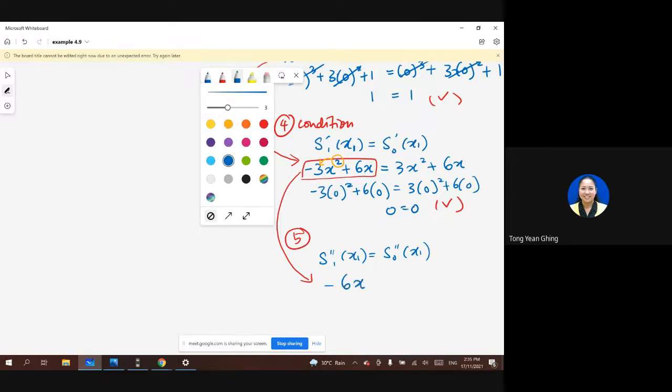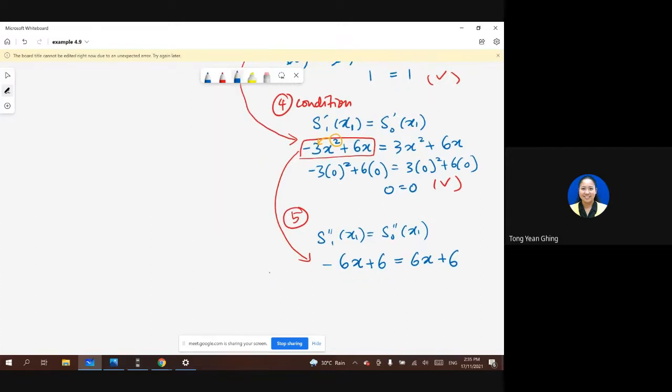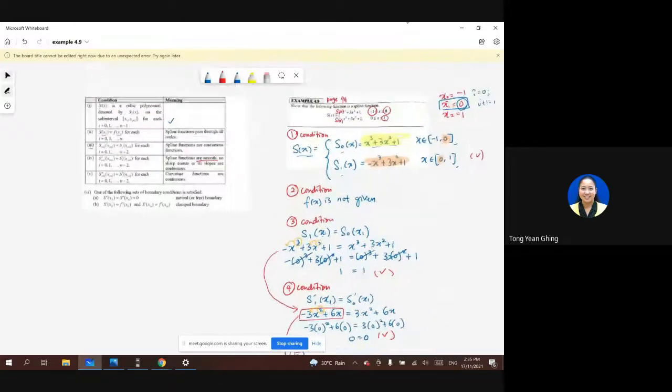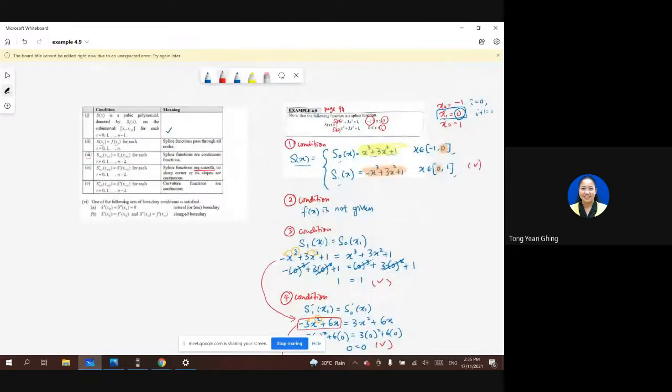Negative 6x. So x square dah tinggal x sajalah. So plus 6x becomes 6. Okay. So here sama juga will be 6x plus 6. So ganti masuk nilai our x1 is 0. So it becomes 6 equal 6. So maksudnya yang ni okay, dia memenuhi, it satisfied the criteria. So that means these spline functions, the curve functions are continuous.